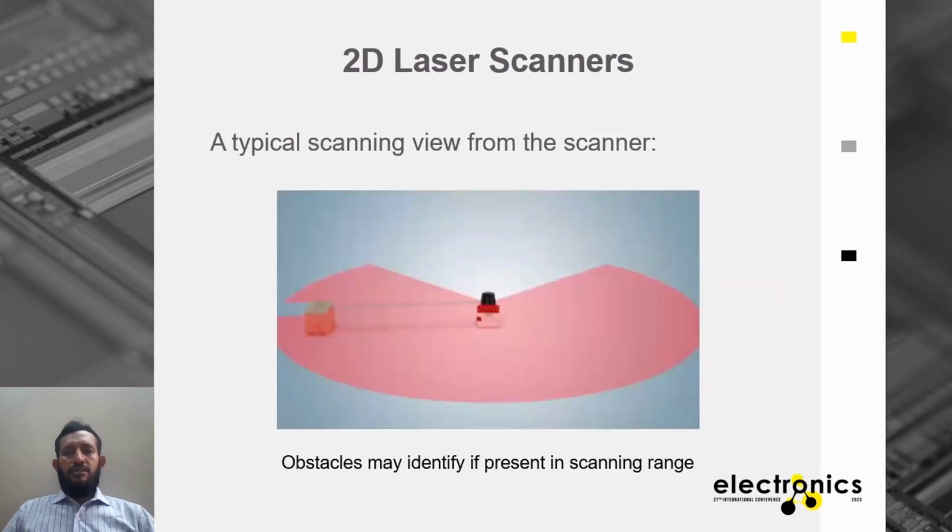Actually, how 2D laser scanners work, you can imagine this representation: they are detecting the obstacles present around them. You can see that there is one laser light beam which is rotating, and they are detecting objects or walls or any structure available in that vicinity which they can sense.